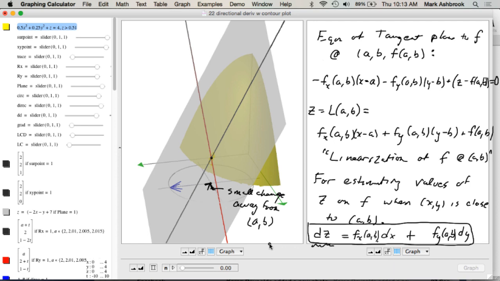But if dx and dy are not small, a half is not small, a quarter is not small, 1 is not small, then dz is most likely only an estimate and not equal to the true change in z on your gold surface.